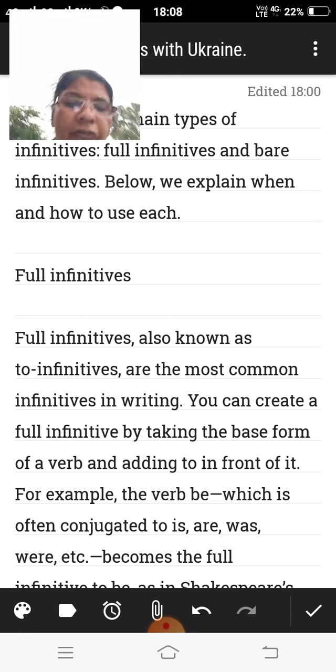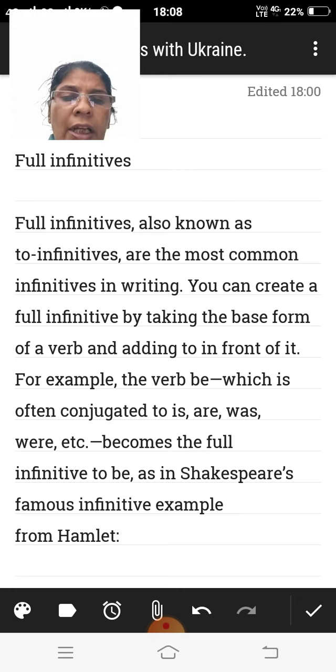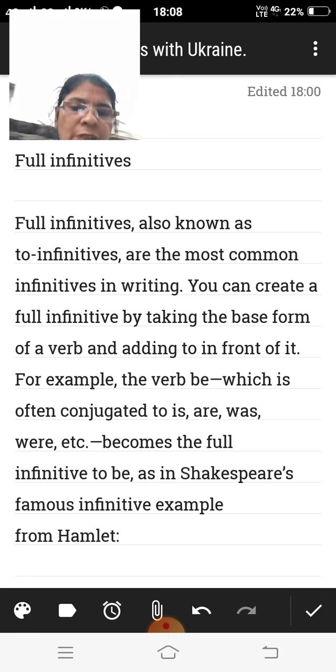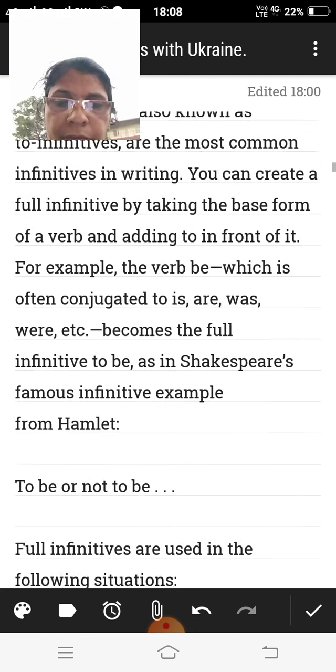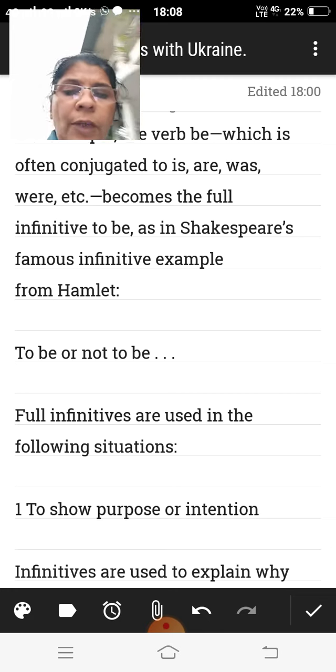For example, the verb be, which is often conjugated to is, are, was, were, etc., becomes the full infinitive to be, as in Shakespeare's famous infinitive example from Hamlet: to be or not to be.